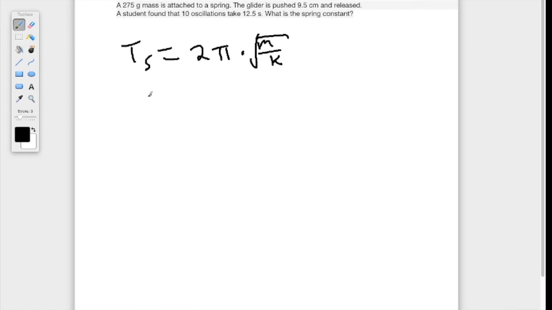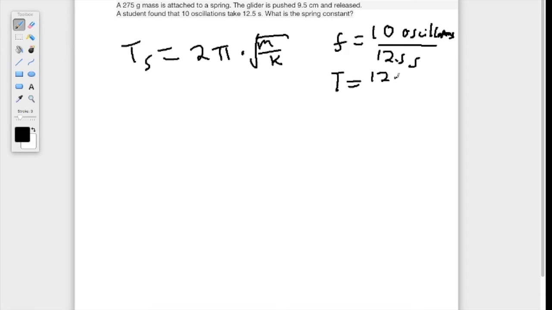We know that there are 10 oscillations, 10 cycles, over 12.5 seconds. So that means the period must be 12.5 seconds over 10 oscillations. So this is the period of the spring.